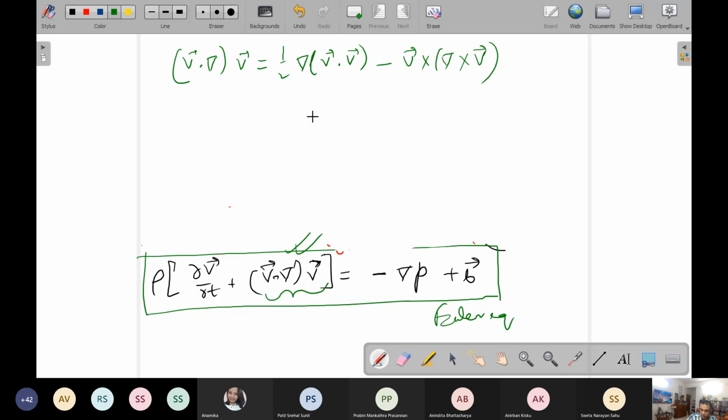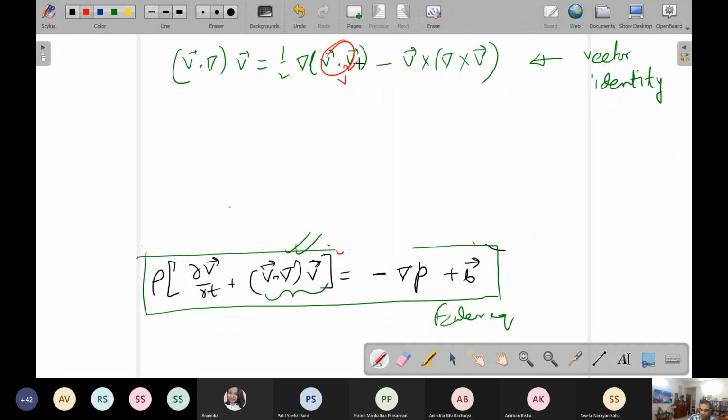So this is a vector identity. We'll apply this. The generality of this identity is that it doesn't matter what the vector v is. In fluid mechanics, of course, we are taking it as a velocity vector, but in general, it could be any arbitrary vector. So that is the generality of this. V dot v is v squared.